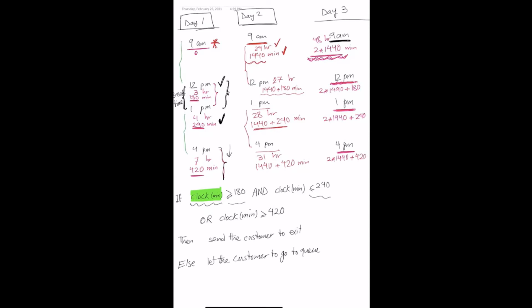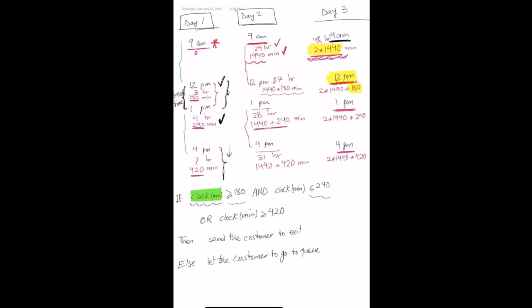Right? So I basically got the time that I have here in simulation time at the start of day 3, and then I just added 180 minutes more to it because now I'm at 12 p.m. on the 3rd day, so that's 3 hours. This is from the start of the morning.